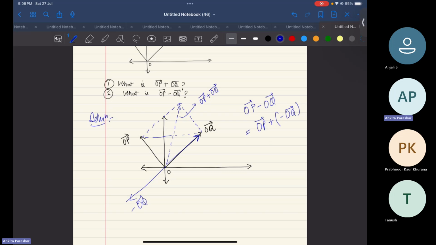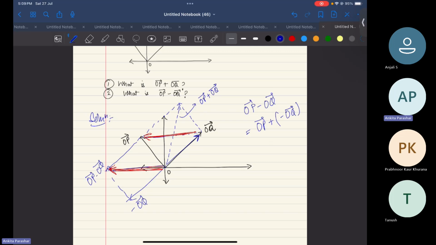So then simply I will again complete the parallelogram, and the diagonal is going to give me OP minus OQ, right? And this is what you were saying earlier. This and this are the same, right? The direction is the same and the magnitude is also the same. So either you say it's the opposite diagonal or you draw it in this fashion, using the fact that you are actually using the sum of two vectors, right?